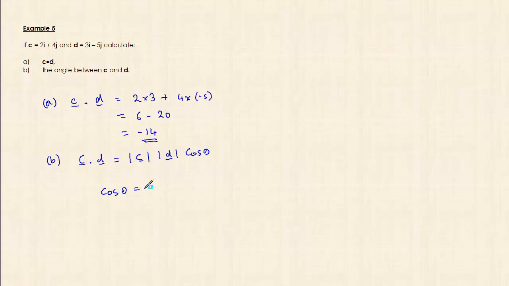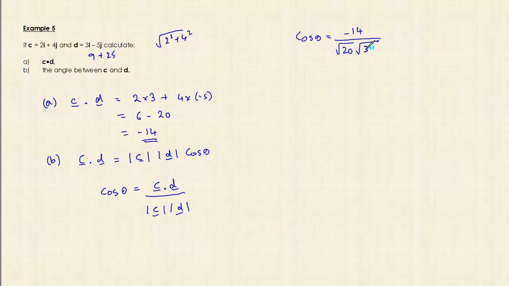So cos theta would be C dot D divided by mod C mod D. So cos theta is going to be negative 14 divided by the square root of 2 squared plus 4 squared, so that's 16 plus 4, which is 20. 3 squared is 9, 5 squared is 25, so that's root 34.